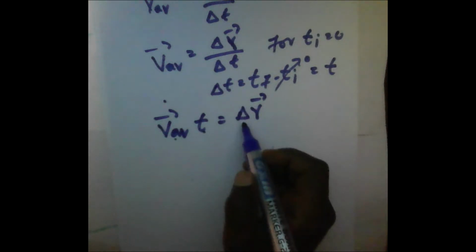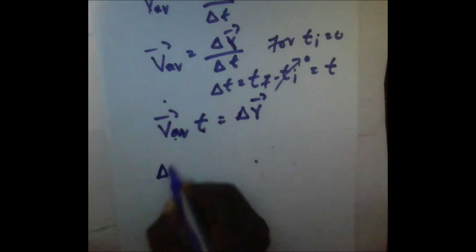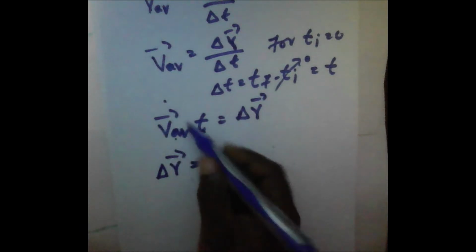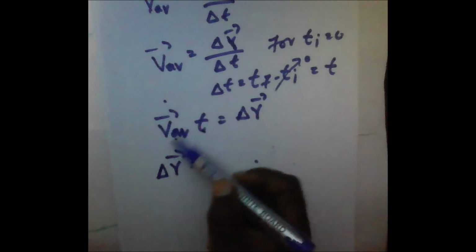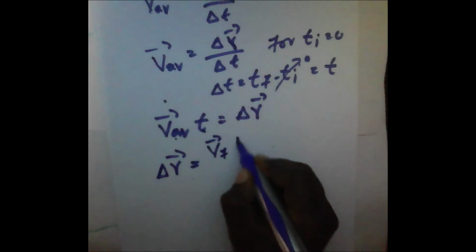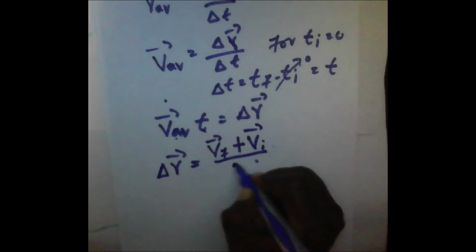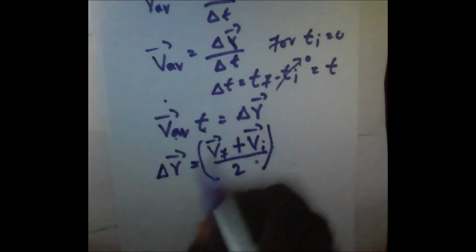Now let's substitute the value of t and the average velocity in order to get change in r. Change in r is equal to, now let's have the average velocity in case of constant acceleration. The average velocity in case of constant acceleration is V final plus V initial divided by 2, multiplied by this t value.